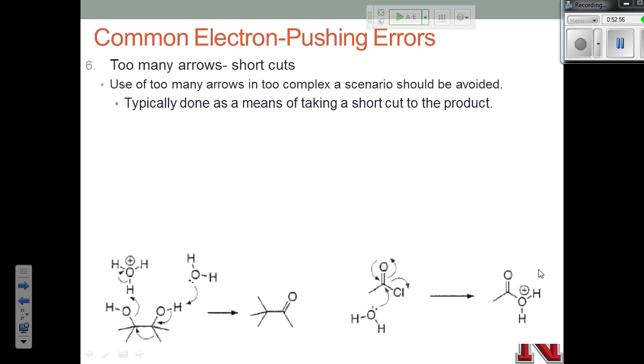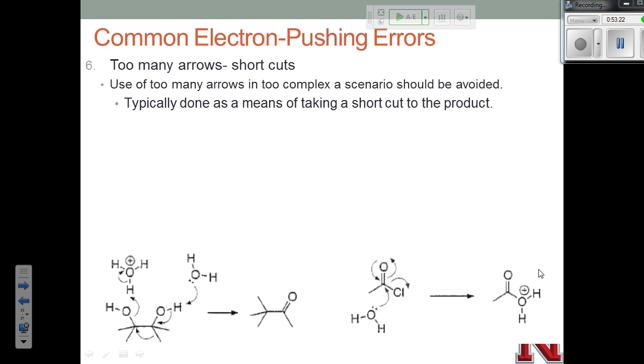But if we look at this example, this is really unlikely. It is really unlikely that as we are deprotonating this, we would form a pi bond, which would cause the carbocation rearrangement and push this out while we're making it a good leaving group. We might make it a good leaving group, which might activate other stuff to happen, but we will not have this all happen at once.